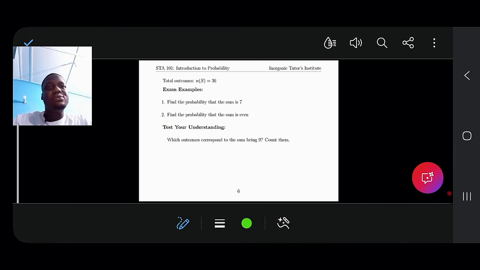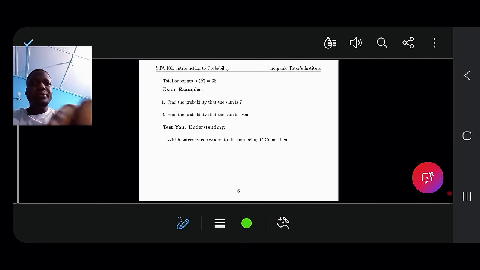No. There are lots of ways to get a sum of 7, not just one. So in this case, sum of 7 becomes a compound event because the event contains more than one outcome. It's not only one outcome that will give us 7. So let's look at these outcomes and proceed.